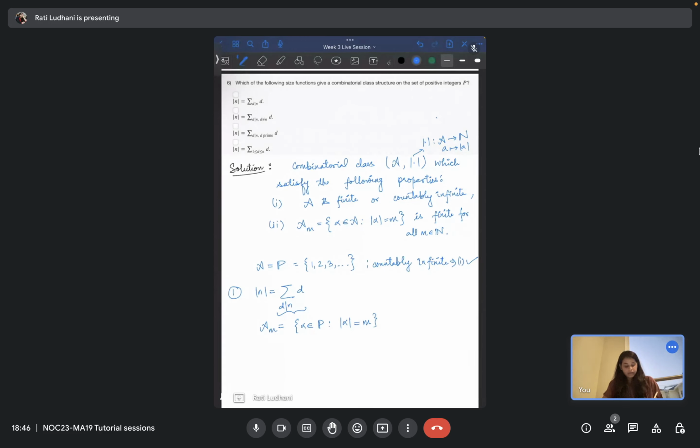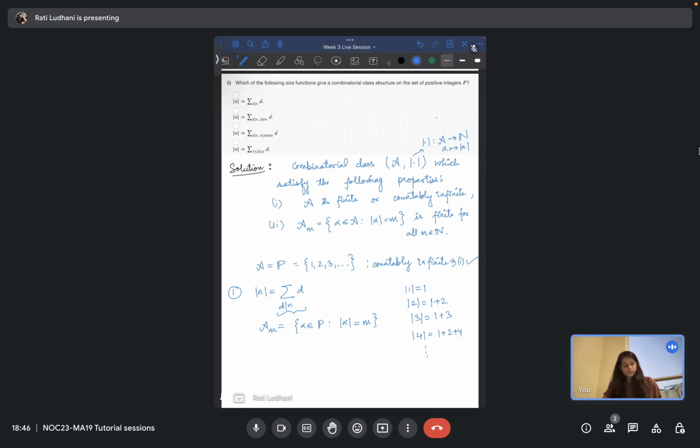So you have some number. Let's observe what is happening. If you take 1, you'll get 1. When you take 2, d could be 1 and 2, so you have 1 plus 2. When you take 3, you'll get 1 plus 3, because 1 is a divisor and 3 is a divisor. And if you take, for example, 4, you'll get 1 plus 2 plus 4.